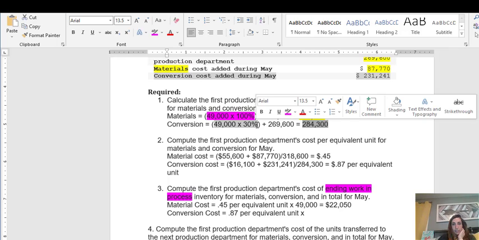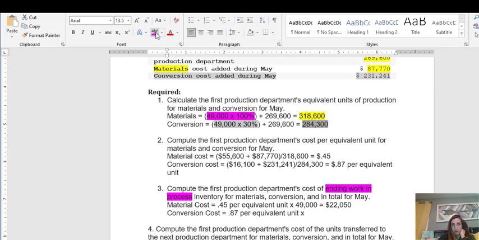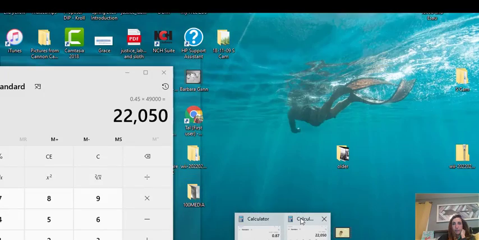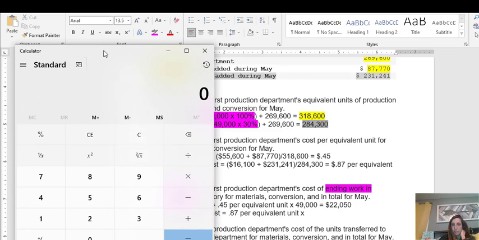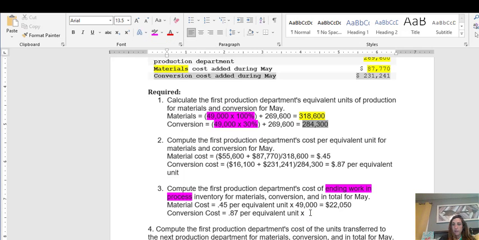So remember I said to keep this number somewhere. If you take 49,000 in your calculator and multiply it by 30%, I believe it was 14,700. That's what we're going to multiply the 87 cents by.